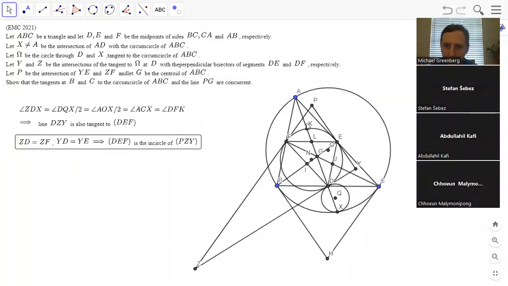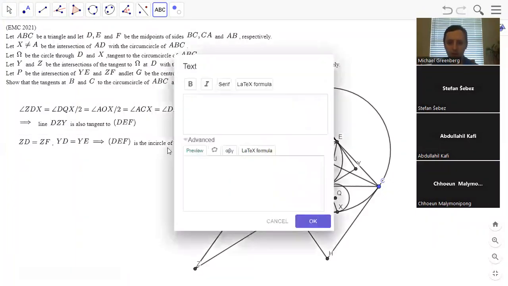HBC is angle A, and we want to show this angle is angle A. But angle PFE is angle FDE, which is equal to angle A. So angle PFE equals angle FDE equals angle A.